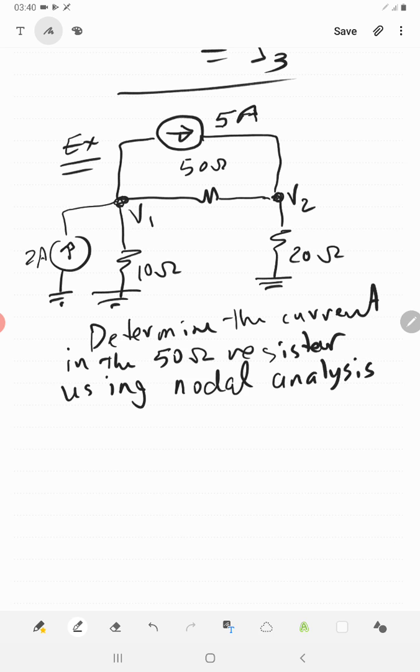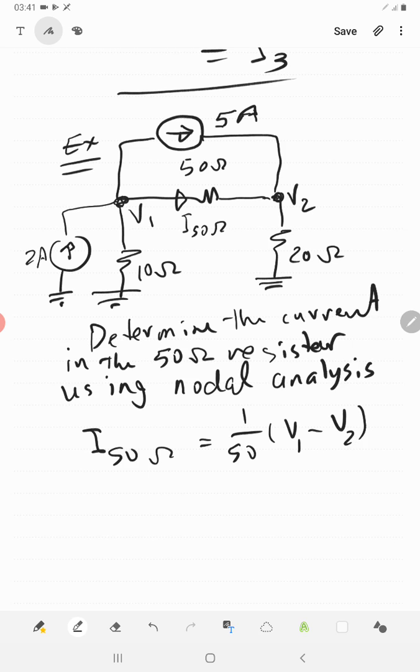Okay, so we want to use nodal analysis to determine the current in the 50 ohms resistor. Let's say this is I 50 ohm.